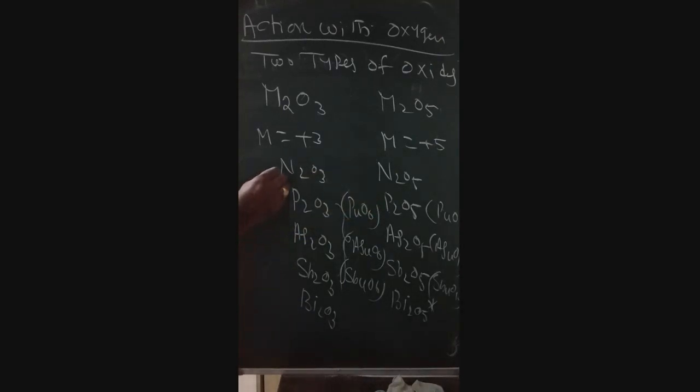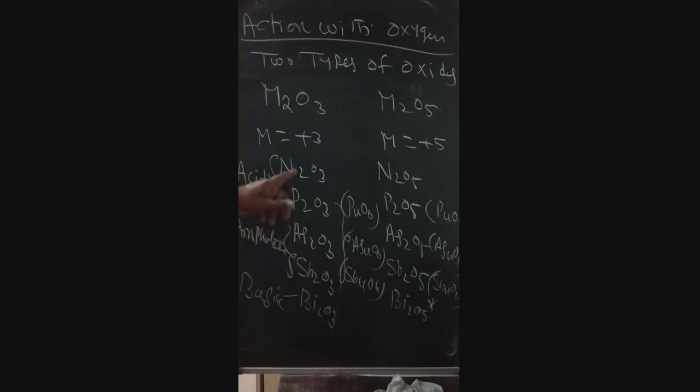Here also observe, the first two oxides are acidic in nature, but the remaining two oxides are amphoteric in nature. Nothing but they exhibit acidic character as well as basic character. But Bi2O3 exists with basic character, because the nature of the elements changes from non-metals to metals.